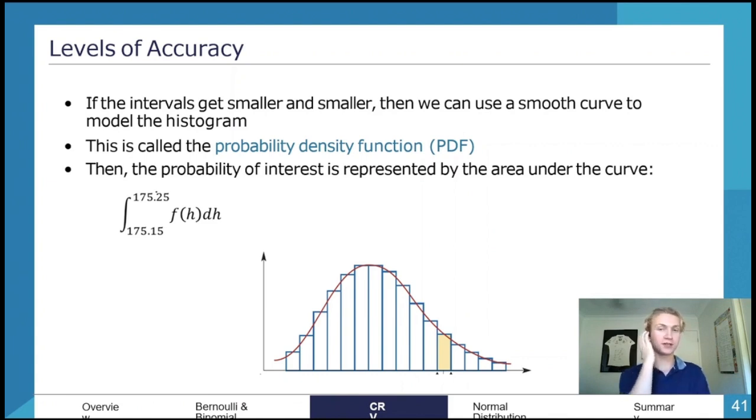Then the probability of interest is represented by the area under the curve between those 2 points. So using the example before, we were looking for a height of 175.2. We would integrate whatever the function is, f of h, between 175.15 and 175.25.